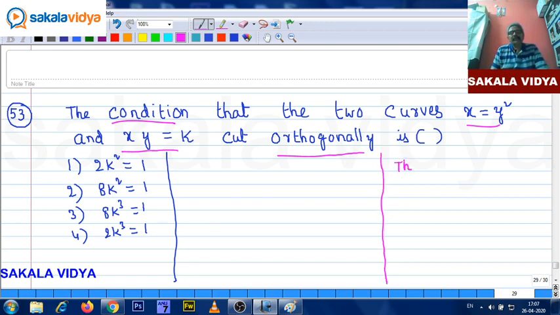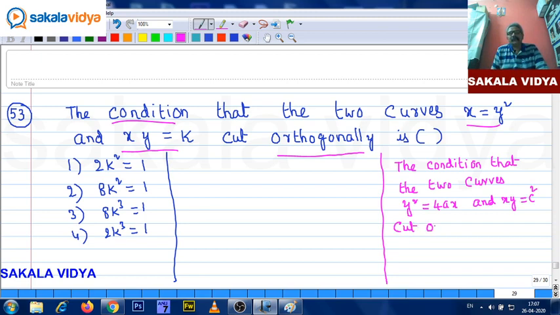The condition, please note down, the condition that the two curves y square is equal to 4ax parabola and xy is equal to c square, this is a rectangular hyperbola, cut orthogonally is c power 4 is equal to 32a power 4.